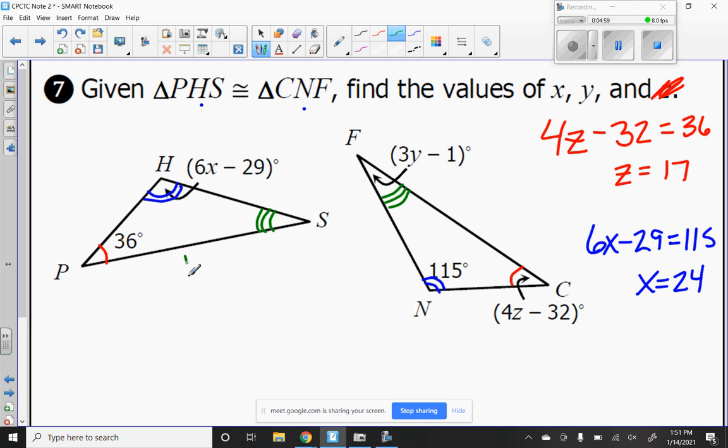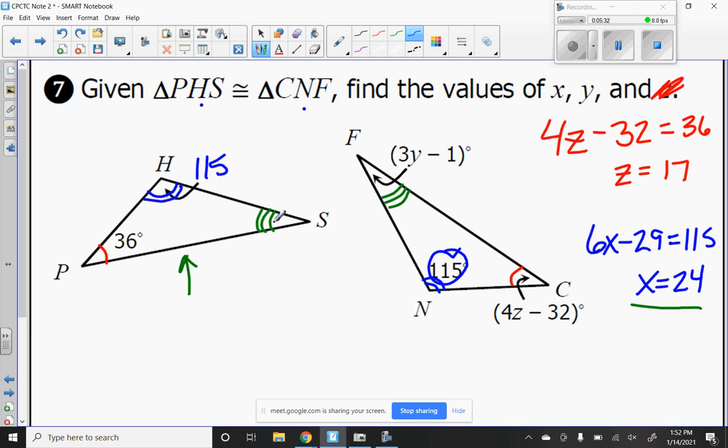So let's pay attention to this triangle, and I have x is 24, that means I can find this angle by saying 6 times 24 plus or minus 29. So this angle right here is 115. It also says that right here.